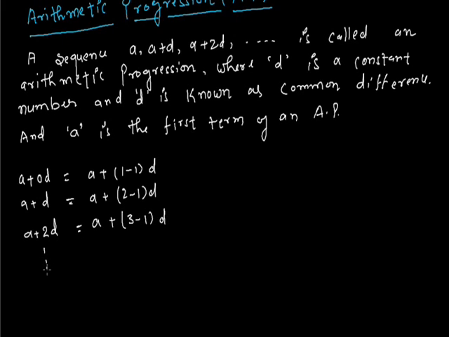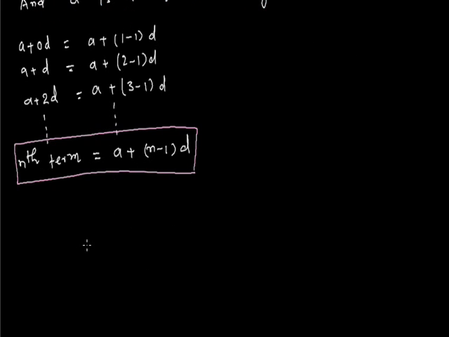If we follow this pattern till the nth term, we get the nth term as a plus n minus 1 into d. This is the general formula of the nth term of an AP, where n is the number of terms.